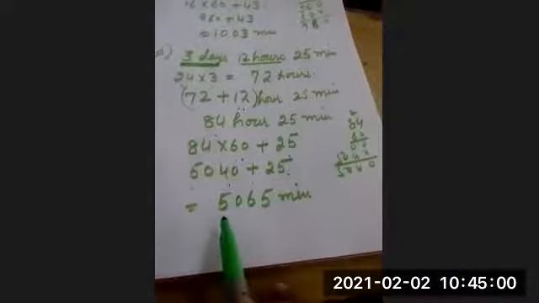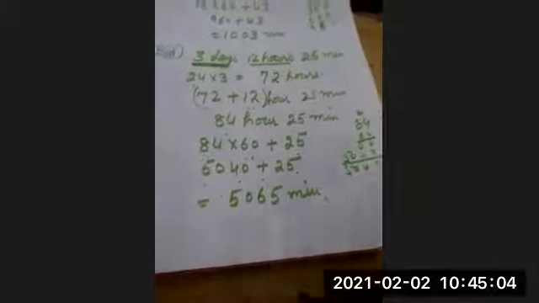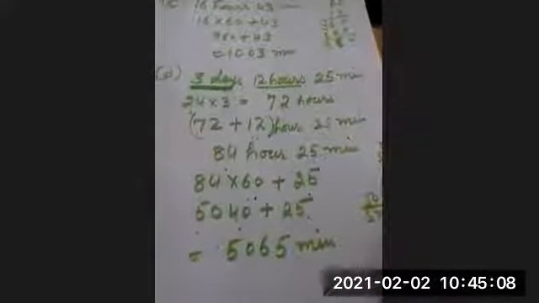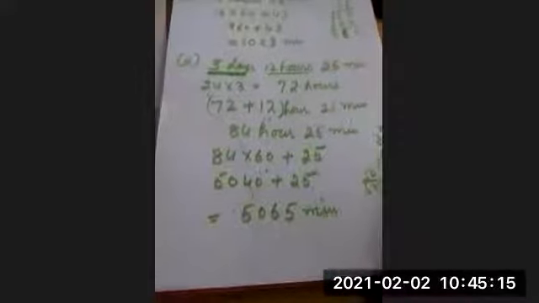Then add 25 minutes as it is. We get 5065 minutes. So students, in 3 days, 12 hours and 25 minutes, we have 5065 minutes.